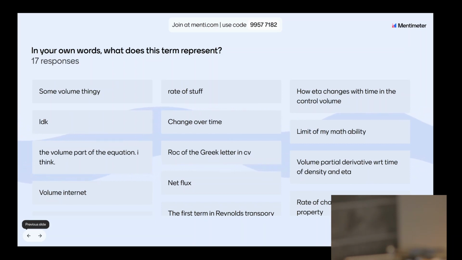This one is probably the closest: it's how eta changes with time in the control volume. But since it's a volume integral of density times eta, and eta is per unit mass, this is actually how N, the extensive property, changes with time in the control volume. So very close. I think the most creative one is this one. That one wins the creative.